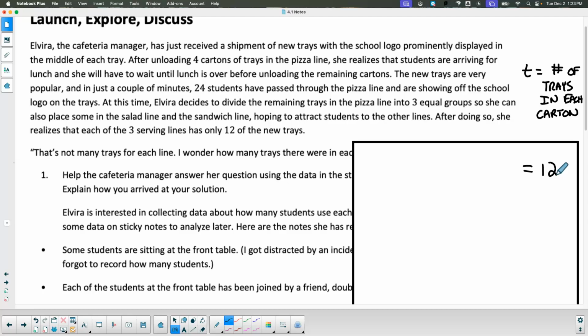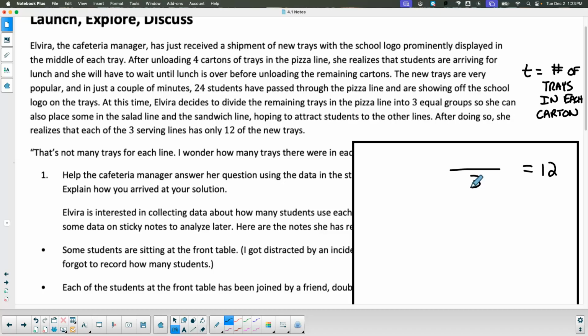All right, let's work backwards. She realizes that, so she divided each of the remaining trays into 3 equal groups, right? So that means over on this side, we're going to have a dividing by 3, correct? Okay. Working backwards, 24 students already took a tray, right?